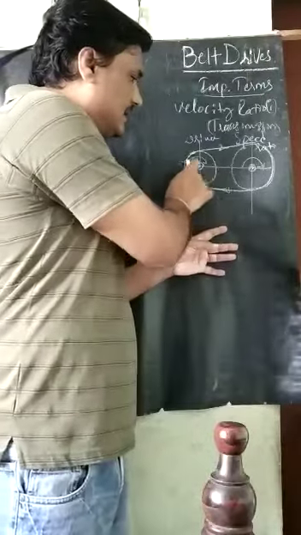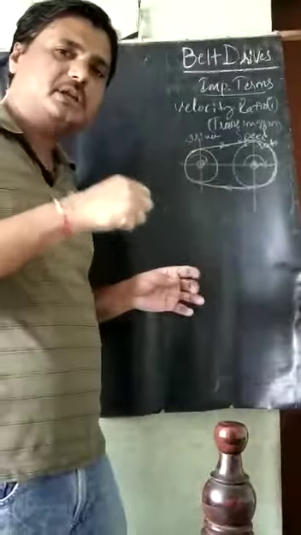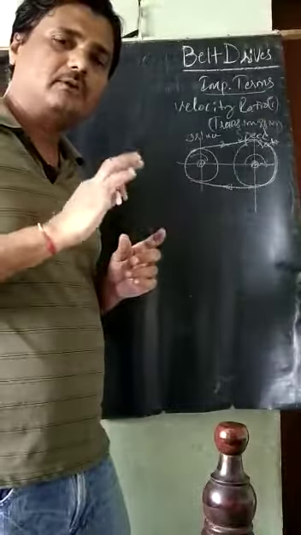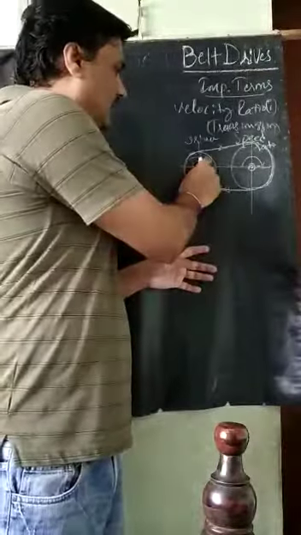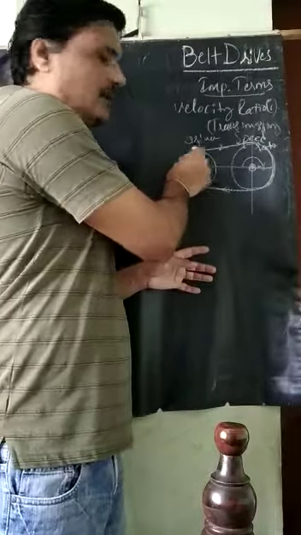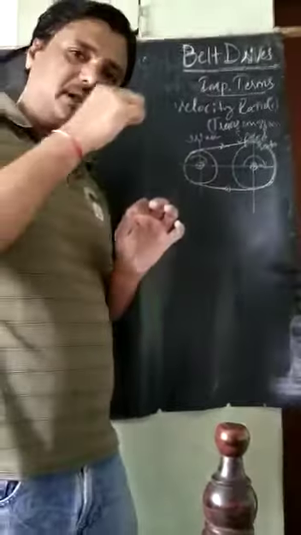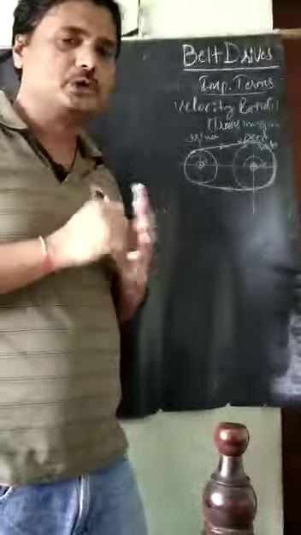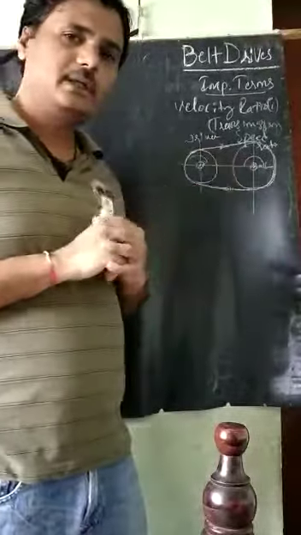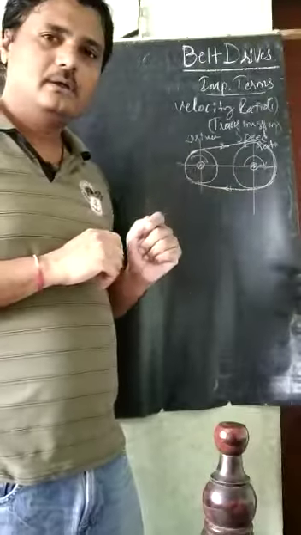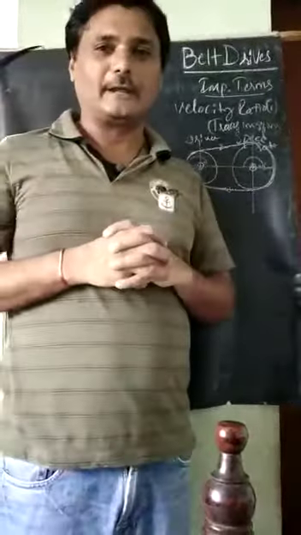How much angle does the driver cover in one rotation? 360 degrees: 90, 90, 90, 90. In one revolution it covers a 360 degree angle. The follower will also cover a 360 degree angle.